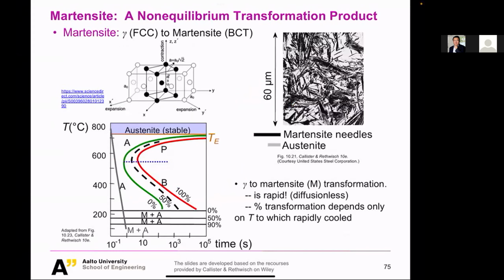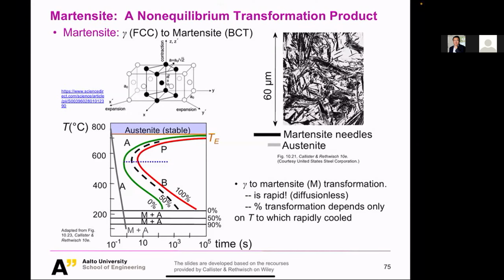And another phase I would like to introduce to you is if you apply an even more extreme supercooling. So not just to 500 or 400, I directly go to room temperature. Suddenly I go to room temperature. What would happen? Here you will not even be able to trigger bainite, because even for bainite, the carbon can still diffuse a little bit.